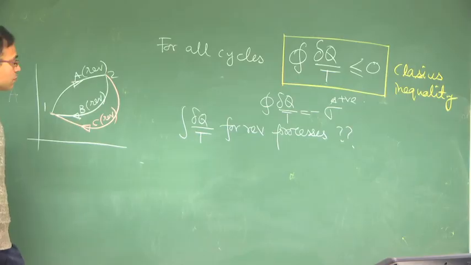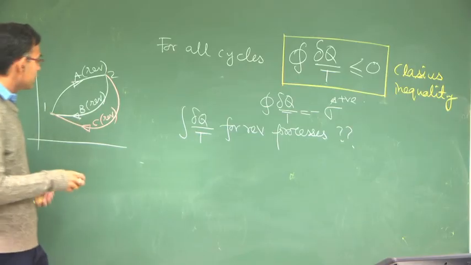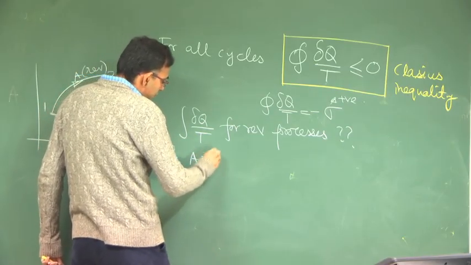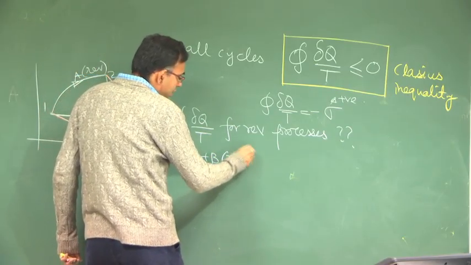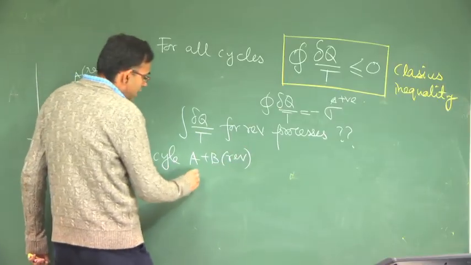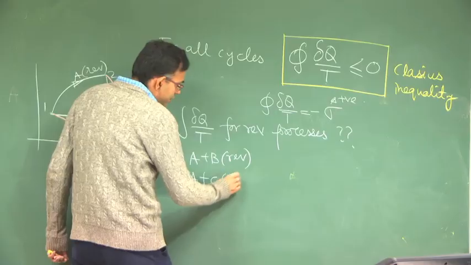So, there are two cycles, one cycle A plus B, which is reversible because both the processes are reversible, and cycle A plus C, that is also reversible.